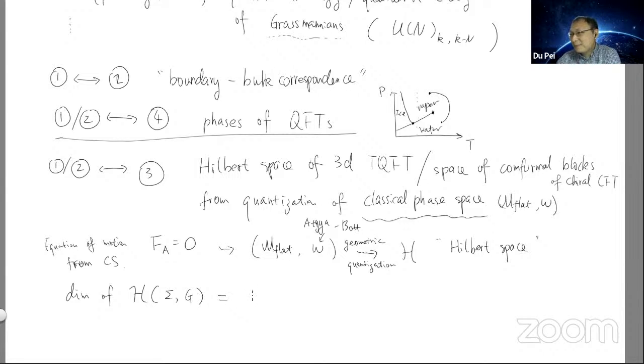And because H is expected to be the Hilbert space of the 3D TQFT, this dimension can be identified with the partition function of the 3D TQFT on the Riemann surface times S1.